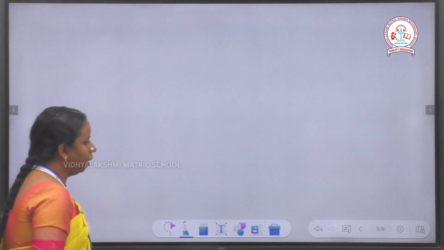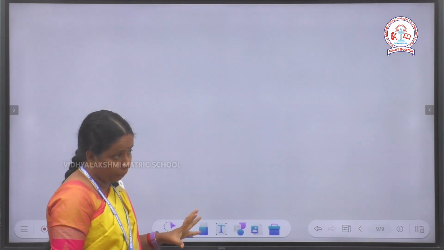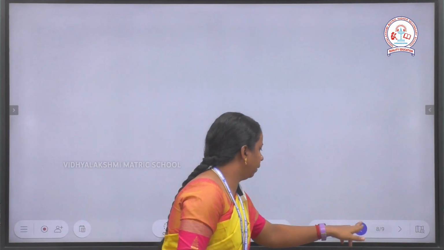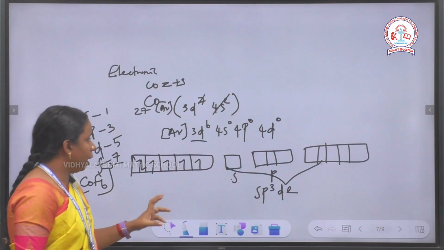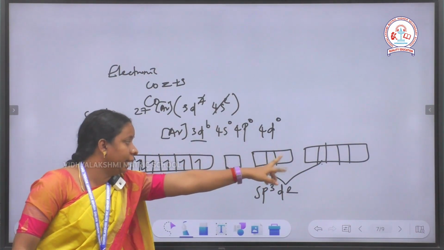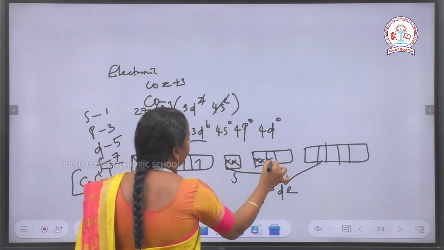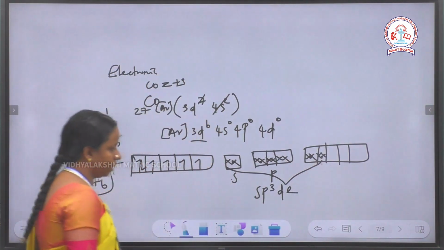Then types of complex, whether it is outer orbital complex or inner orbital complex. You see, this is an outer orbital complex because ligands approach only the outer d orbitals. Each ligand donates a pair of electrons. That's why here occupy 2 electrons for ligands.